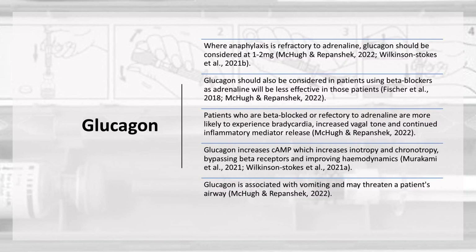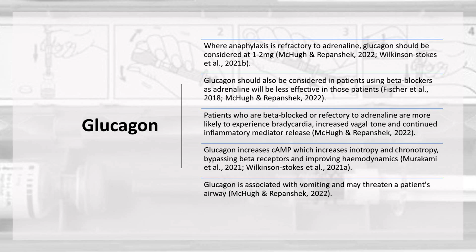So glucagon. Where anaphylaxis is refractory to adrenaline, glucagon should be considered. Similarly, glucagon should also be considered in patients using beta blockers, as adrenaline will obviously be less effective in those patients.